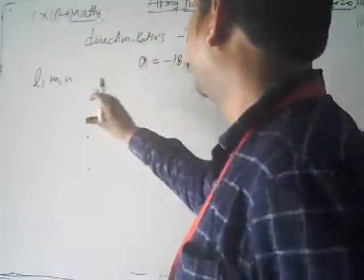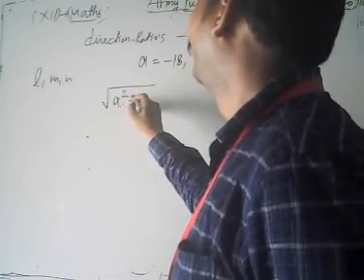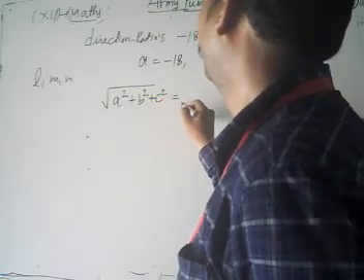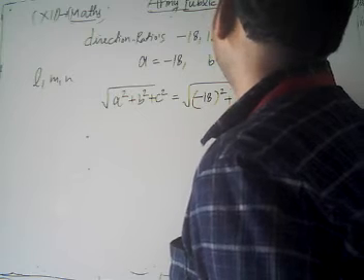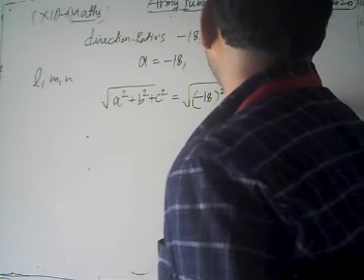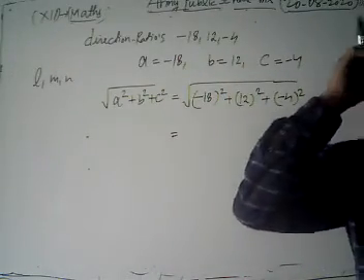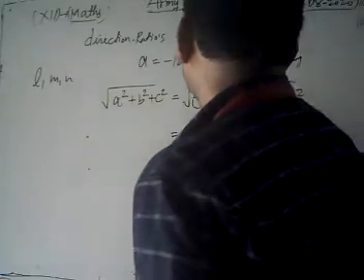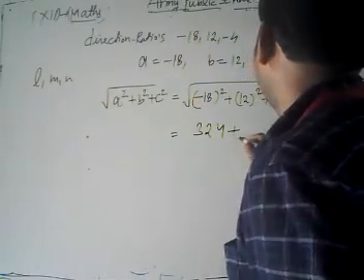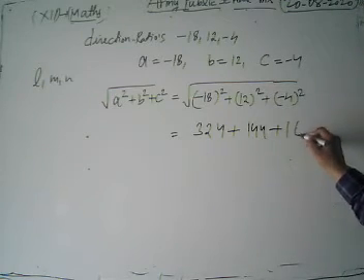To get the respective direction cosines, first of all we have to find the value of the square root of A square plus B square plus C square. That is minus 18 whole square plus 12 whole square plus minus 4 whole square. The square of minus 18 is 324, the square of 12 is 144, and the square of 4 is 16.